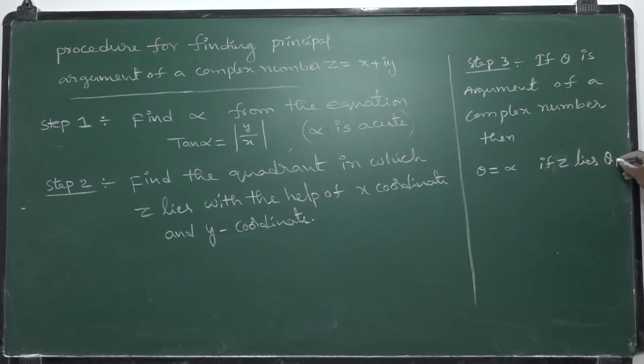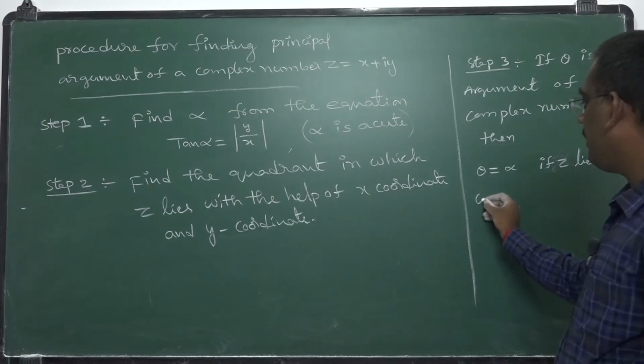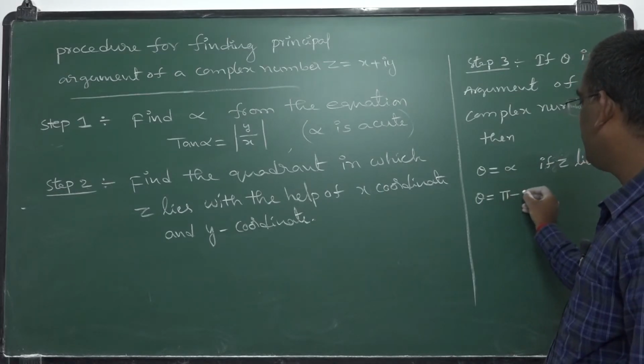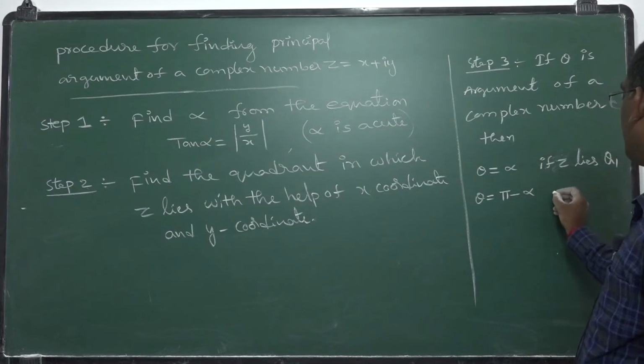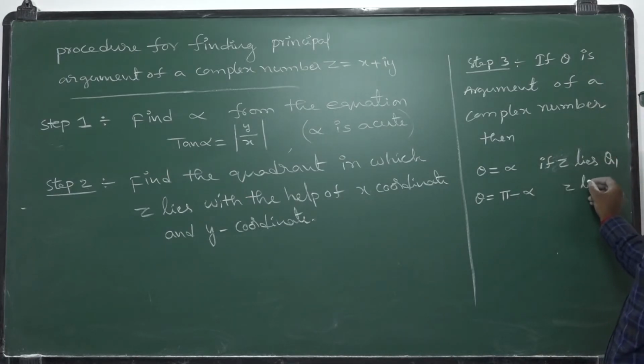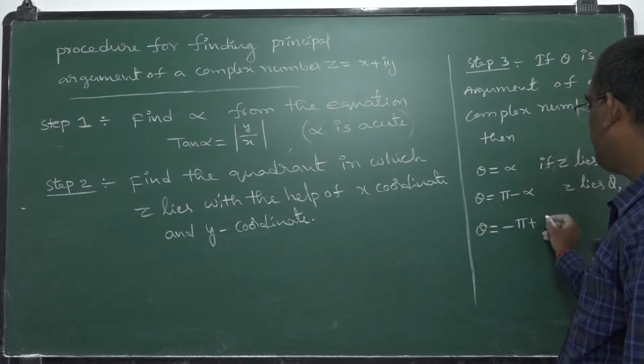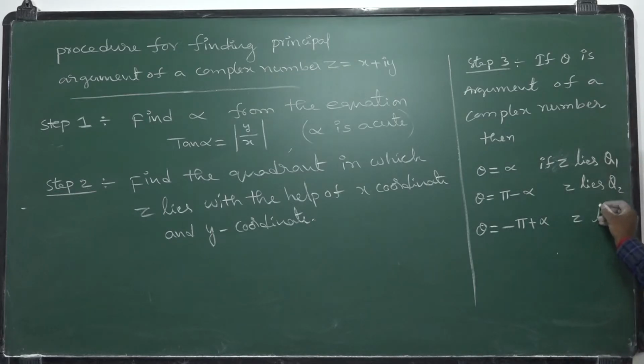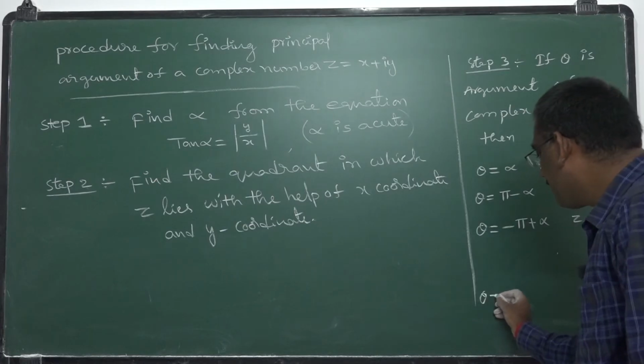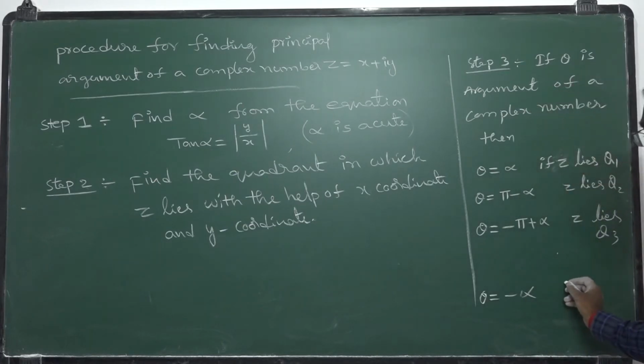Theta equal to pi minus alpha if z lies in second quadrant. Theta equal to minus pi plus alpha when z lies in third quadrant. Theta equal to minus alpha when z lies in fourth quadrant.